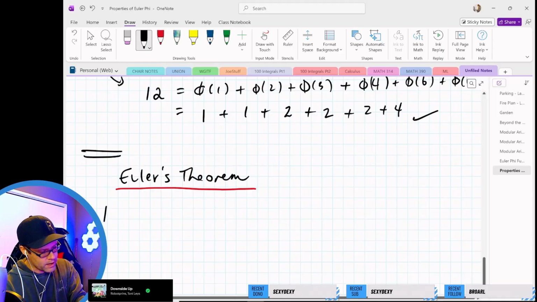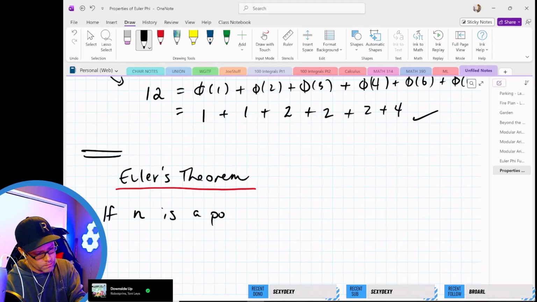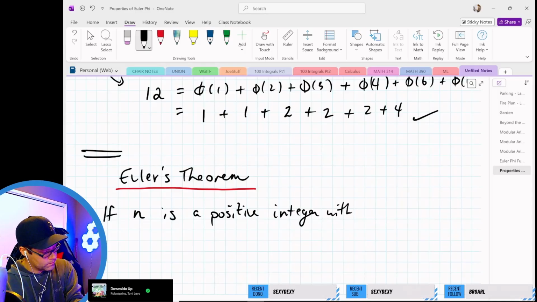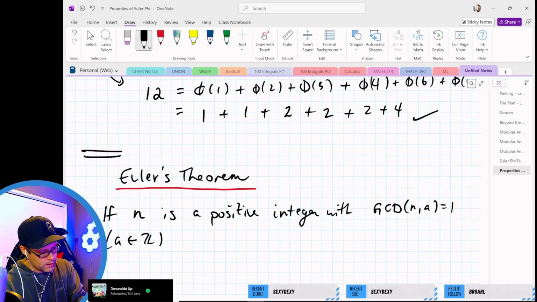Euler's theorem says if n is a positive integer, and I have GCD of n and a is equal to 1. Here a is any, let's just take any positive integer, so maybe we'll call this z plus.